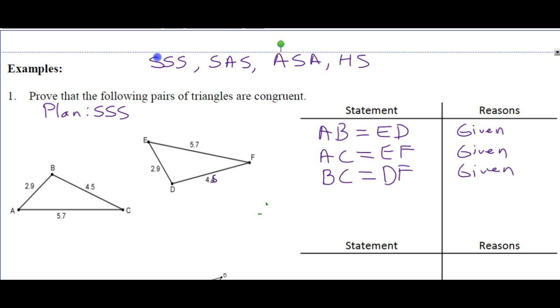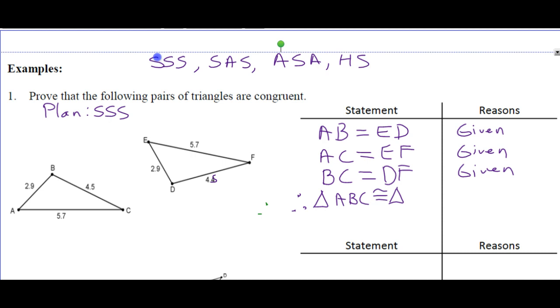Also given. And then we can now make our statement about the triangles being congruent. So we say, therefore, triangle ABC is congruent to, so there's a symbol, is congruent to, it's an equal sign with a little wavy line over top, and that means is congruent to triangle. Okay, name that triangle.